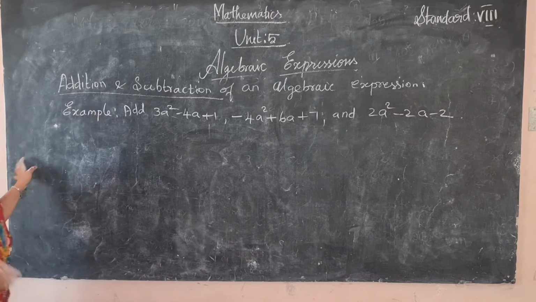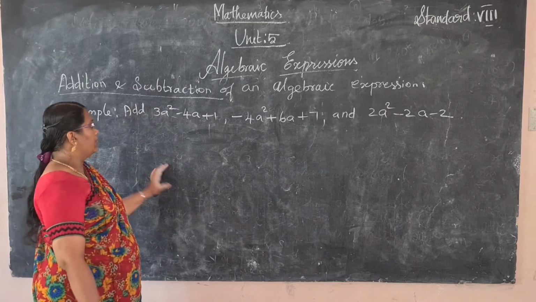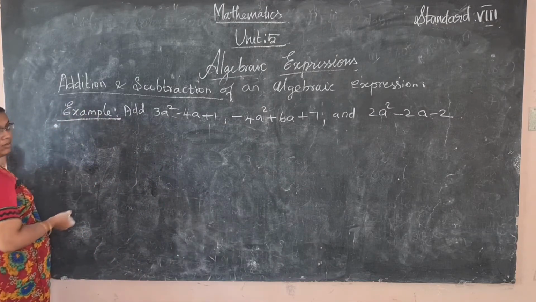So we have two methods. One is the column method, another one is the horizontal method. First I will do the horizontal method.